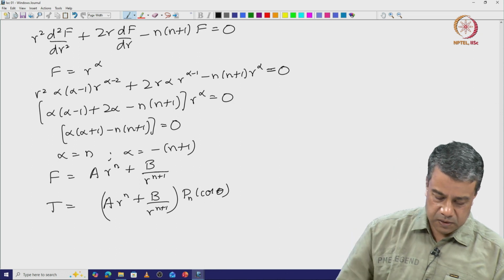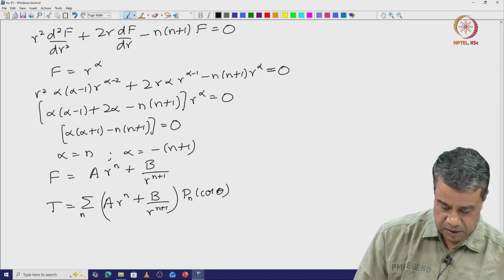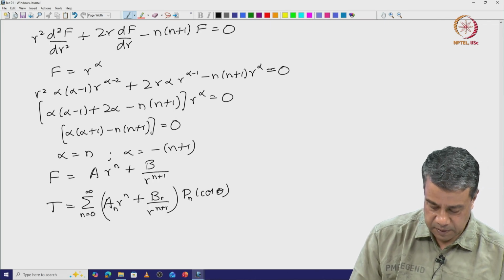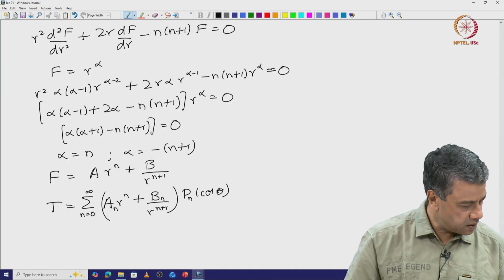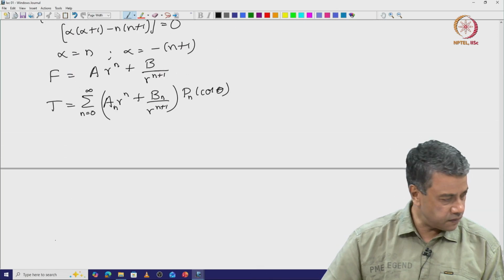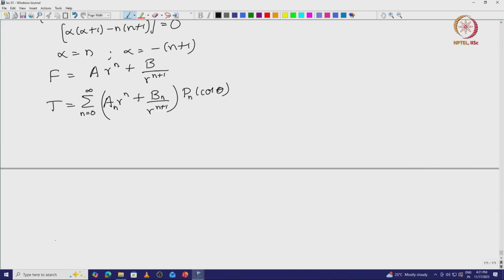So, the most general solution is of the form summation n equal to 0 to infinity of a n r power n plus b n by r power n plus 1, times P n of cos theta. That is the solution. I will talk a little bit more about P n of cos theta, the Legendre polynomials.